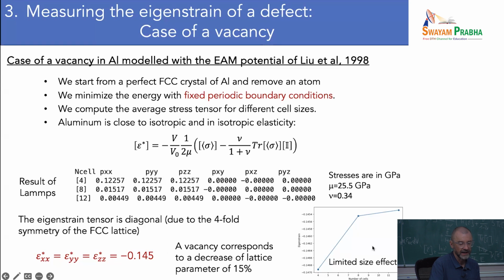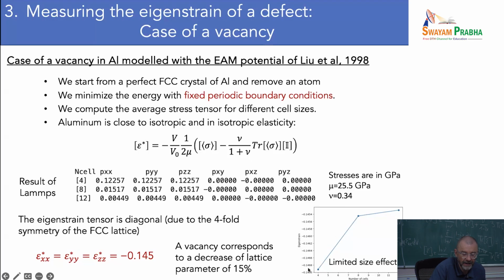I apply this, and as expected for the vacancy, the eigenstrain tensor is a diagonal matrix, so all three elements are the same, and this is showing one of the elements as a function of the size of the cell, 4, 8, and 12.